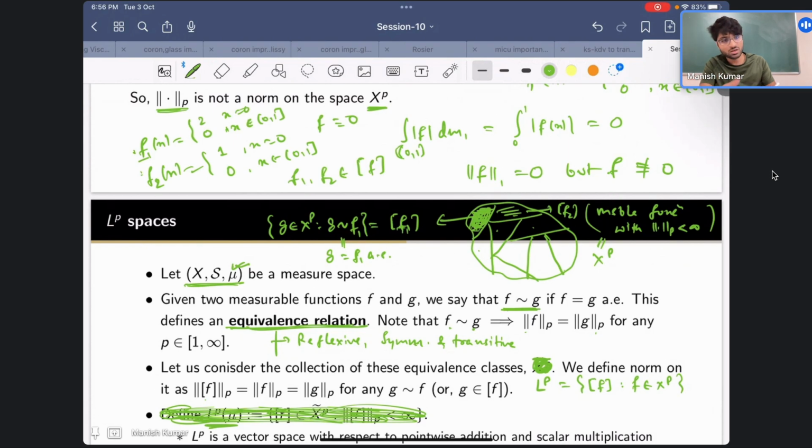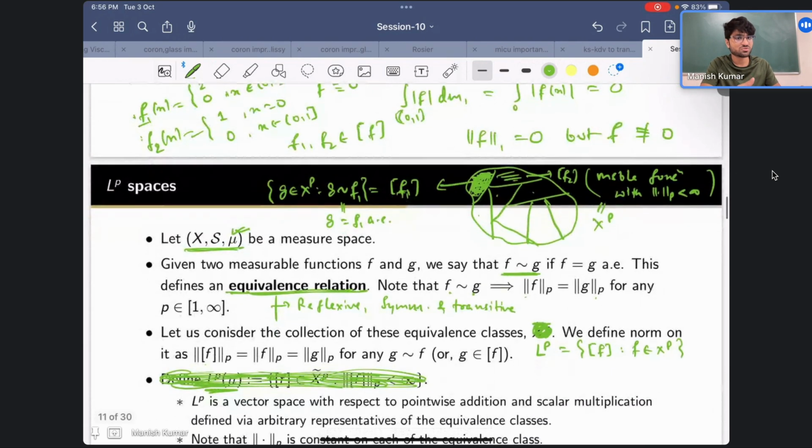So f1, f2 and f all are together in one class. That's the difference between this X^p and this L^p. X^p contains functions, whereas L^p contains a class of functions. So one element of L^p represents many functions inside it.